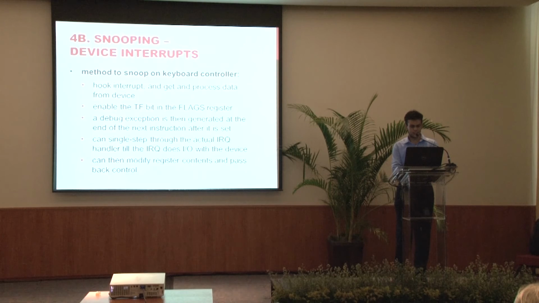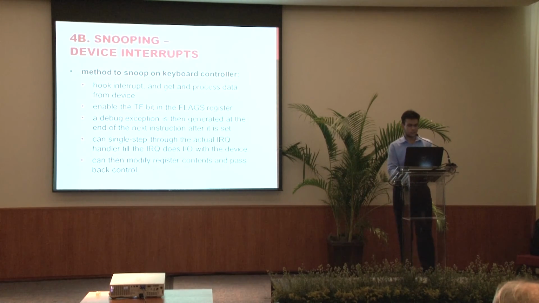You can then effectively single step through the actual IRQ handler till the IRQ does IO with the device. And then you can modify register contents and pass back control. So the IRQ handler would do a read from 60 again. You'll pass the read from 60, and then you'll put back in the register the content the controller actually returned. And then you can pass back control to the IRQ handler.